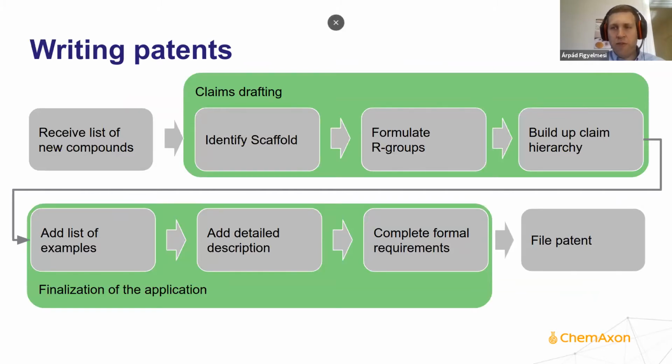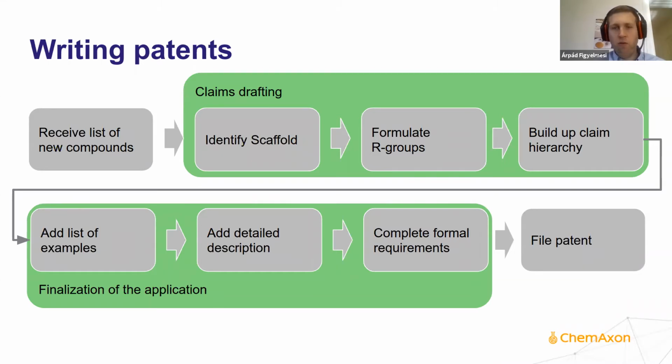Here is a quite oversimplified process of writing patents. So usually, according to our customers' feedback and our personal experience, the drafting starts with receiving a set of compounds that you want to protect. The next step is usually identification of the scaffold, formulating the R groups and a list of R groups that you want to protect, covering all of the novel compounds that you want to protect, and building up the claim hierarchy, the fallback positions that you can use during the granting process.